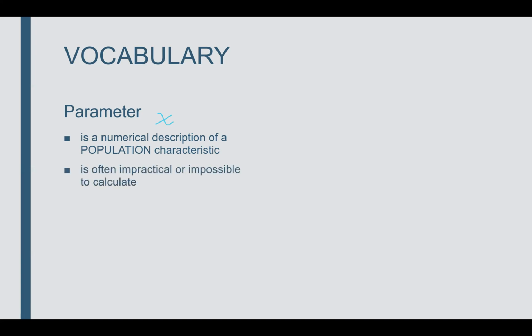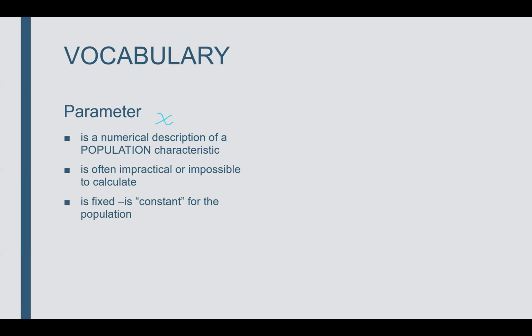Again, because of the challenge of getting information from every single person in that big population group, we often are not able to truly calculate the value of a parameter. It's impractical or impossible because we never really have all of the information from every single person in the group.